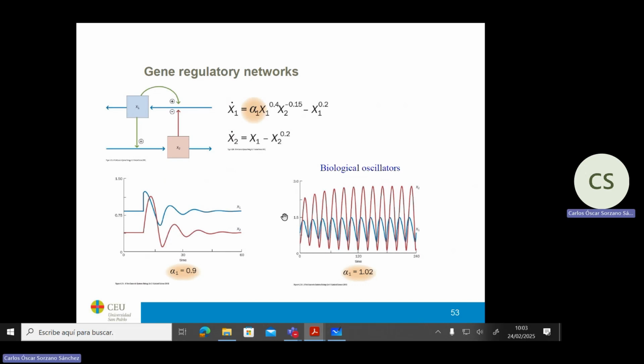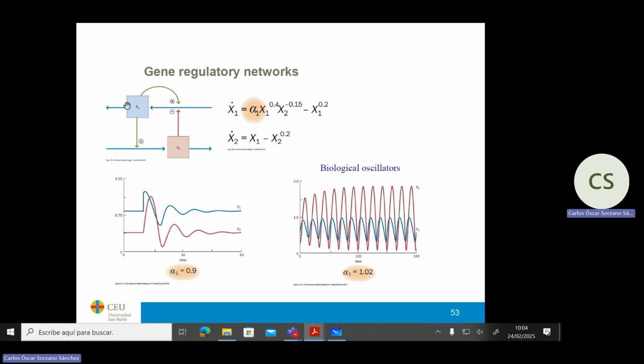Okay, so then gene regulatory networks. There are many networks that behave in this way. So you have X1 promotes its own activation. X1 promotes itself, X1 to the 0.4, but then X2 represses X1.